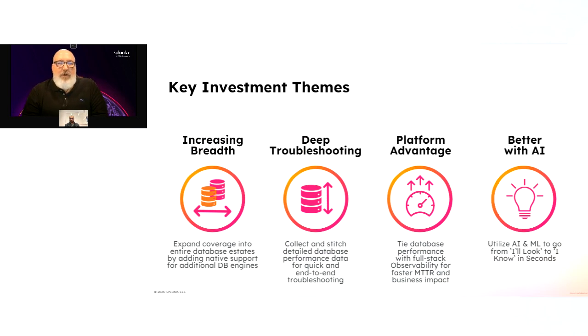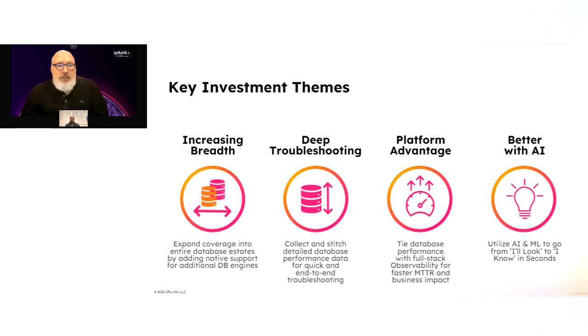So what we've done already, for the first release, is we've built a powerful foundation. We're now accelerating our investments to define the next generation of database observability. And our roadmap is focused on delivering best-in-class resilience through these 4 strategic pillars.